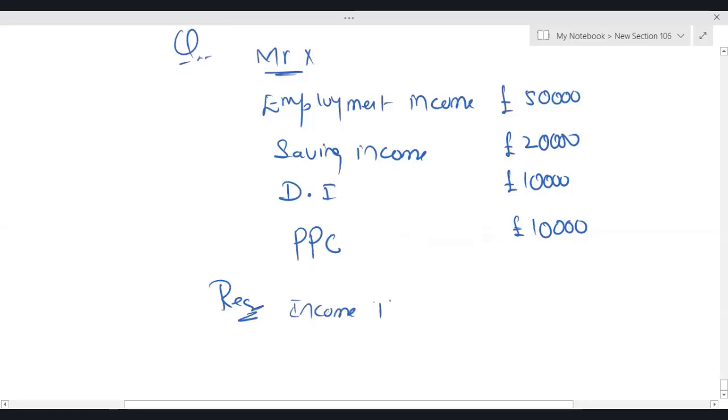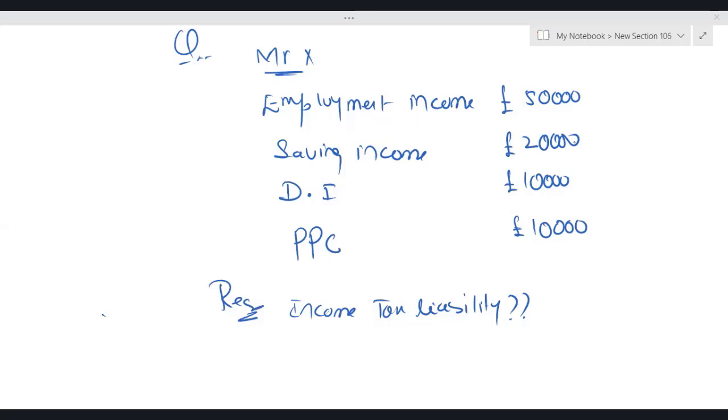Calculate income tax liability. Please, student, try this. Whatever you think is right, but try to attempt this.